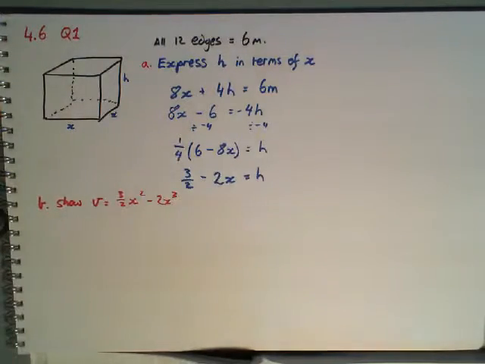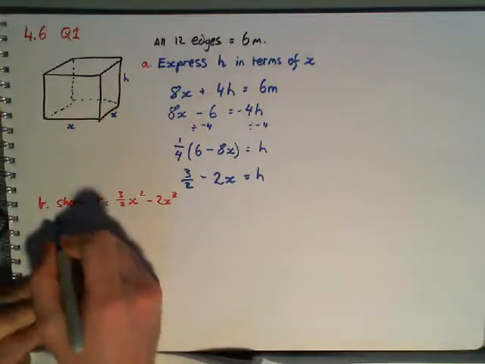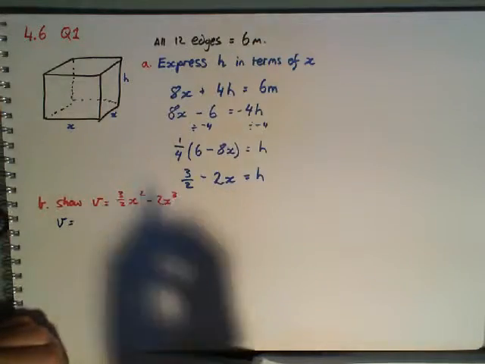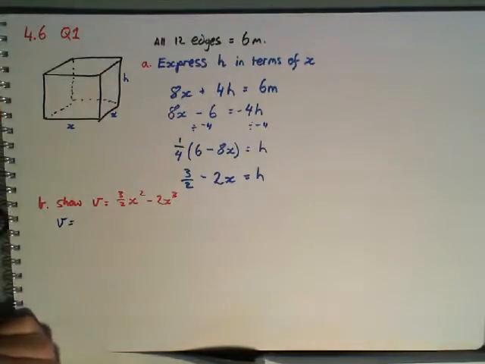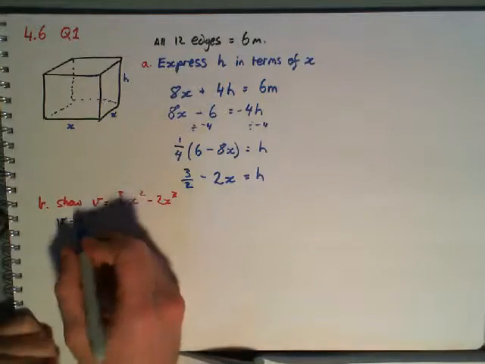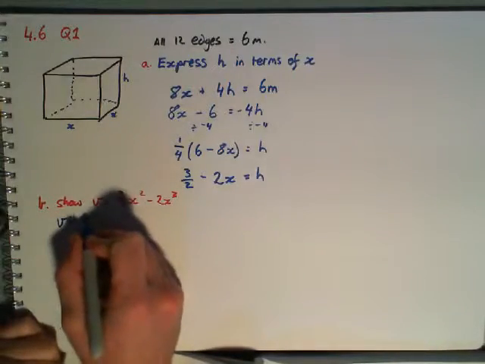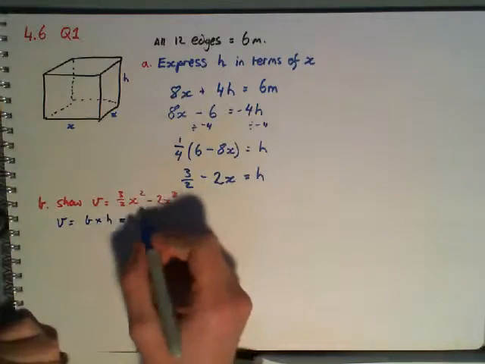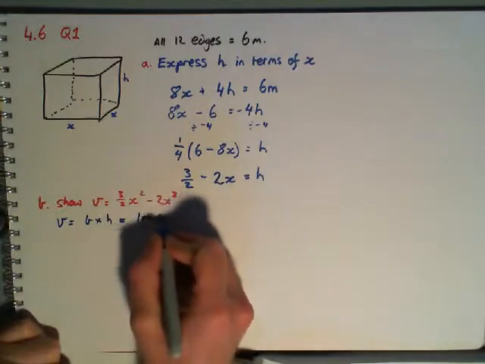So how do we get that? First thing, what is our general formula to find the volume of a rectangular prism? That's simply our base times the height, or we can say length times width times height.